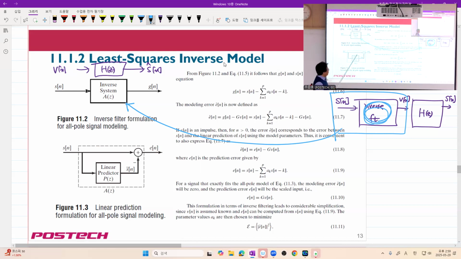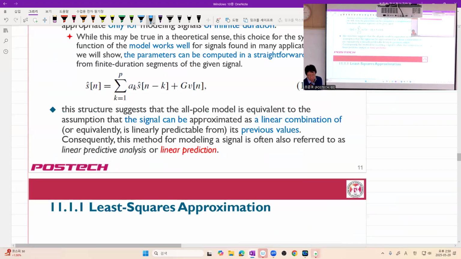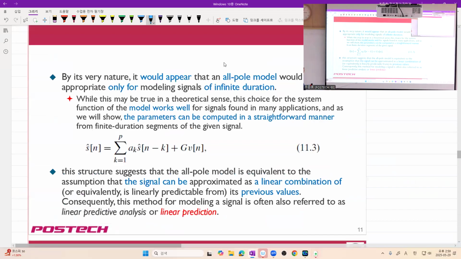And let's see the meaning of this one using this formula. Here goes S hat, and your output is the moving average of the previous samples. So it's like you want to predict the next value of S, but it has some limitation.